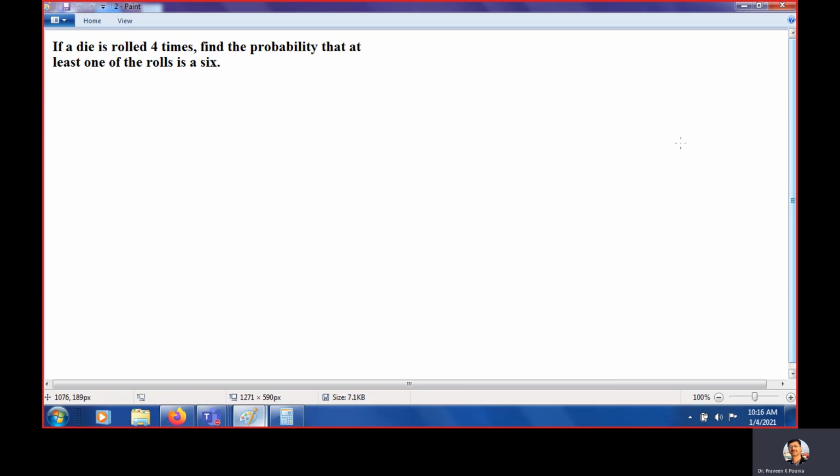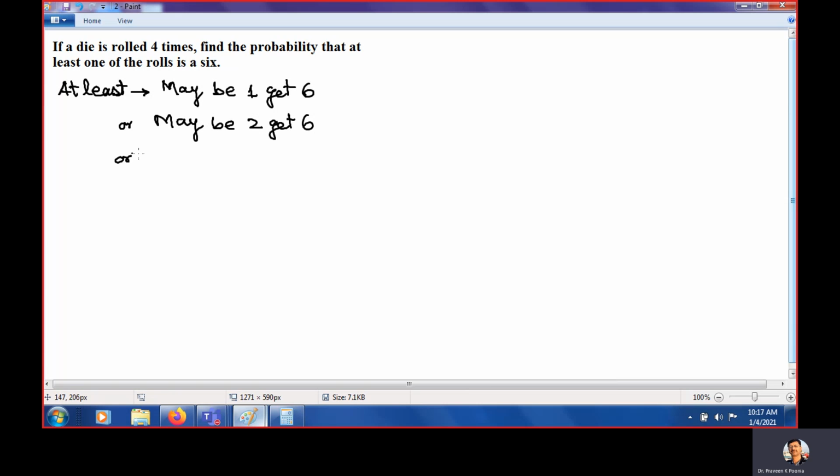What is the meaning of at least? We will learn that first here. At least means maybe 1 gets 6, or maybe 2 get 6, or maybe 3 get 6, or maybe all 4 dice get 6.